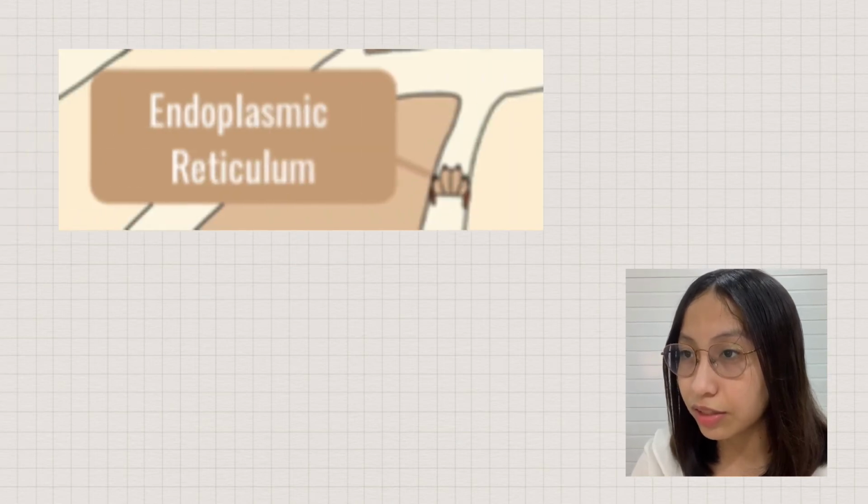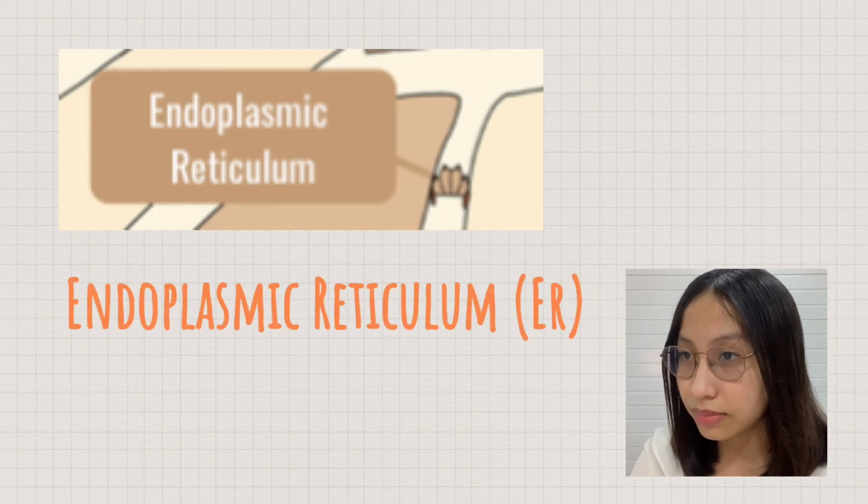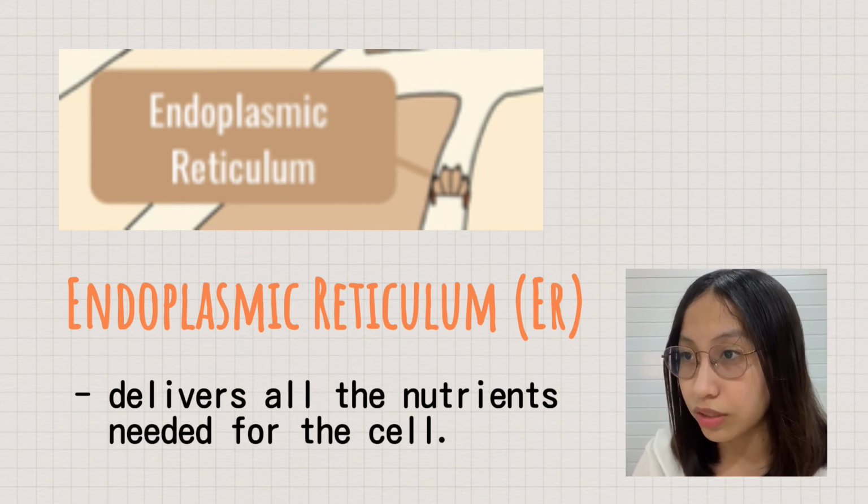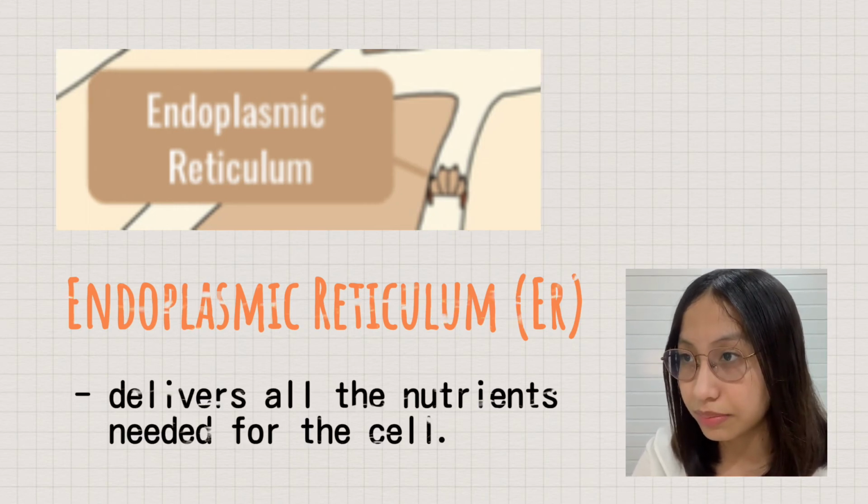The delivery cart that roams and delivers goods inside the kingdom is in accordance to the endoplasmic reticulum. The cart is responsible for the displacement of packages that need to be delivered to their rightful places, as well as the ER delivers all the nutrients needed for the cell.